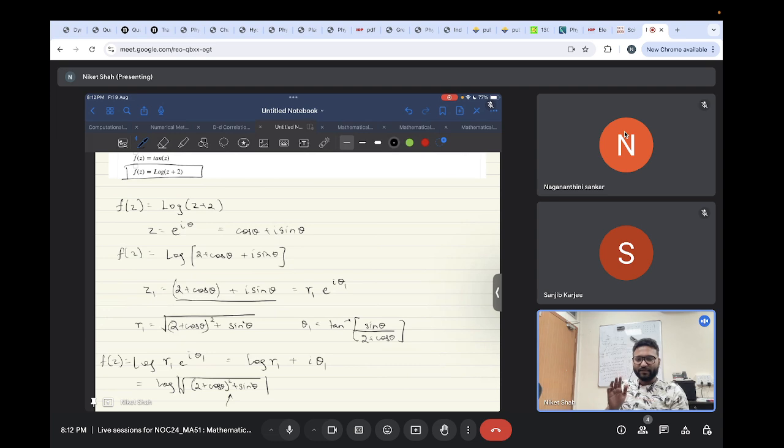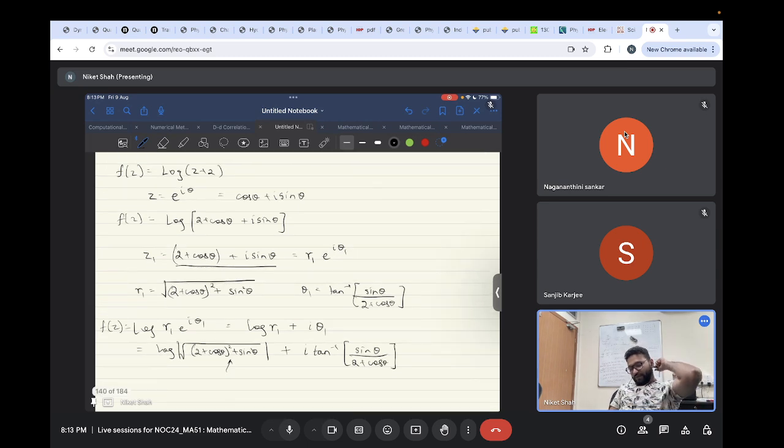This function is analytic, the first part. The second one is I theta 1, I into tan inverse sine theta divided by 2 plus cos theta. Even this is analytic. It's tan inverse, and this is also going to be analytic.